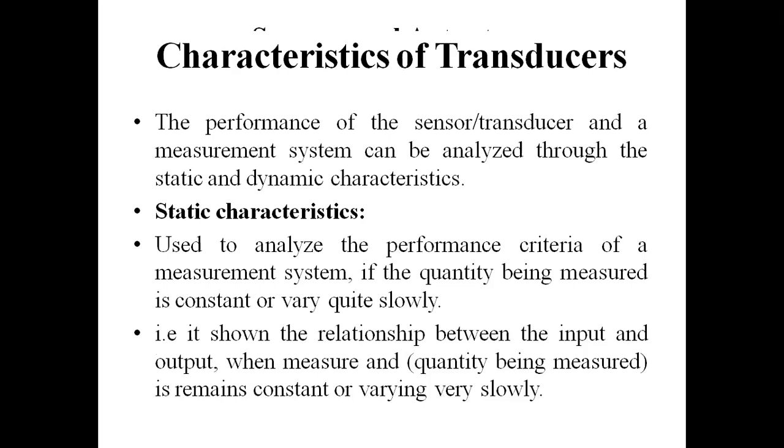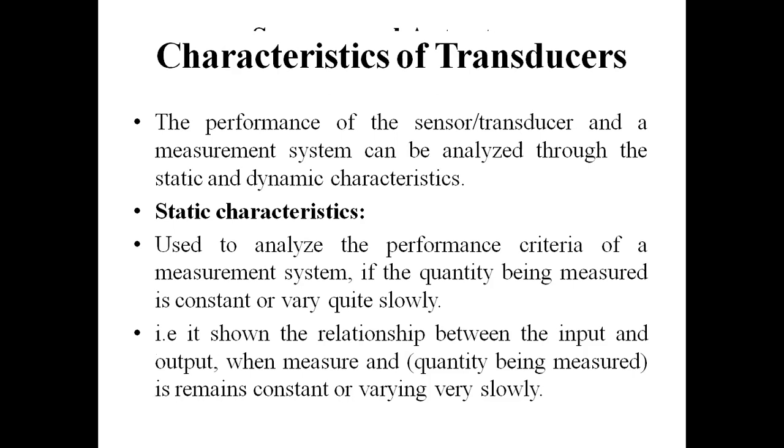Next we have to see the characteristics of transducers. The performance of a sensor or transducer and a measurement system can be analyzed through two different characteristics: static characteristics and dynamic characteristics. What is static characteristics?